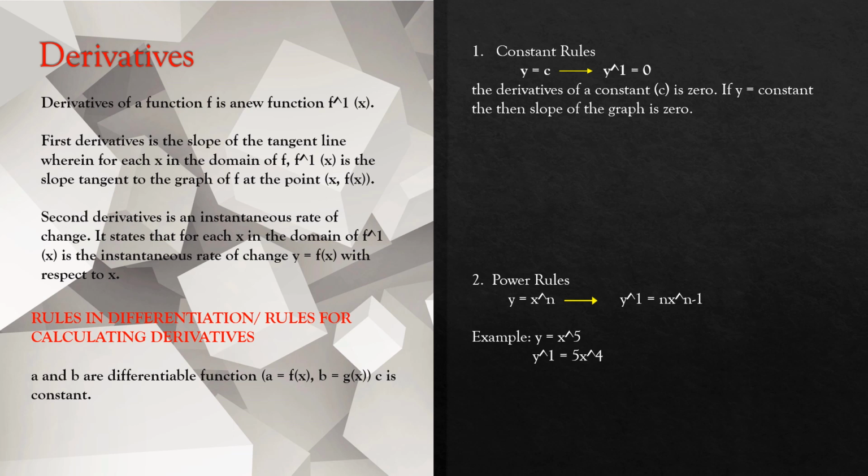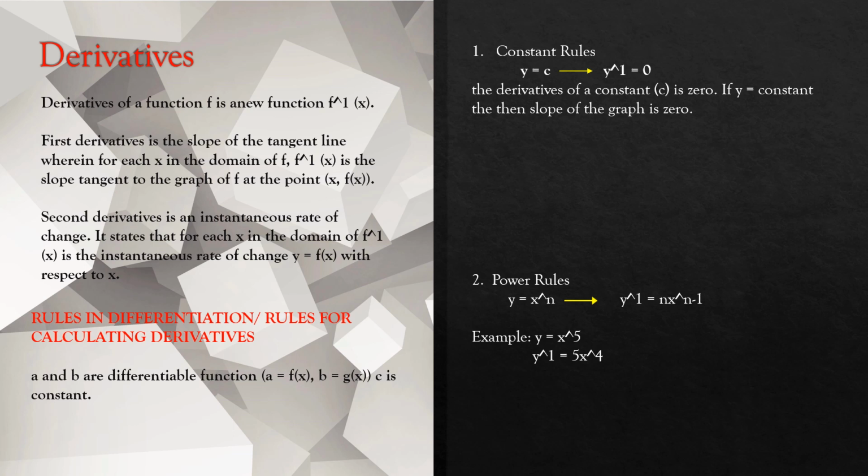The second is the instantaneous rate of change. It states that for each x in the domain, the derivative is the instantaneous rate of change of y equals f of x with respect to x.